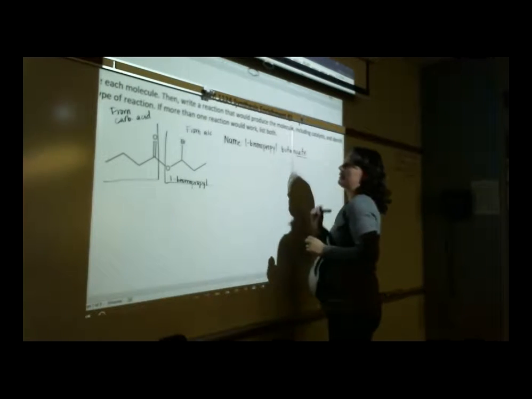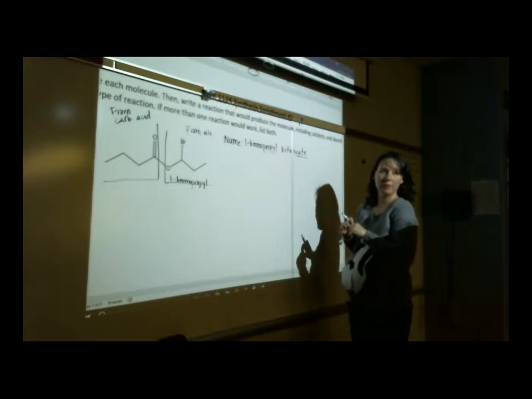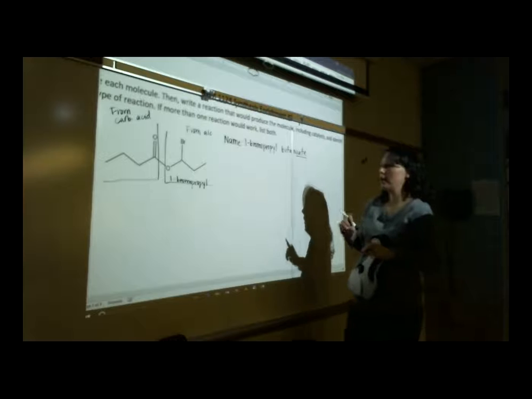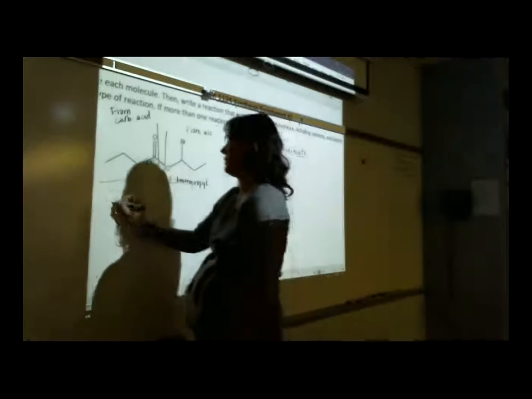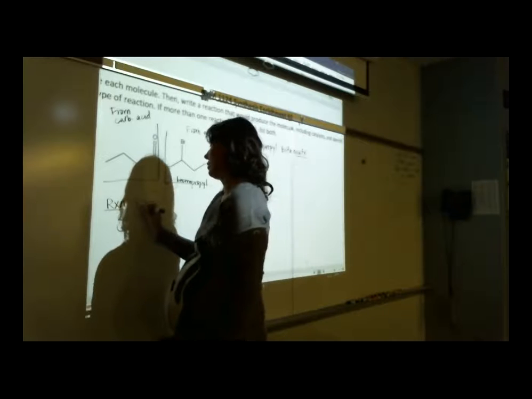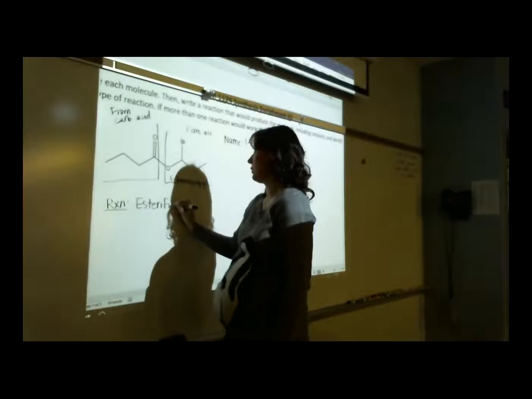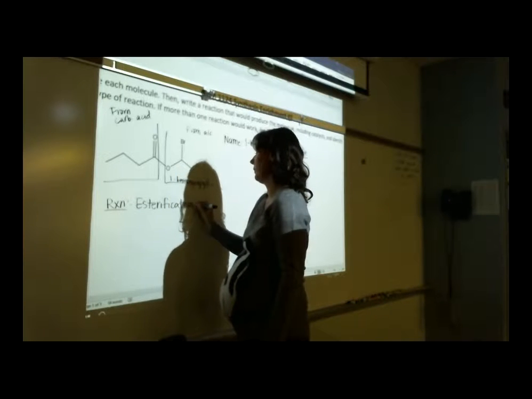The -oate suffix is for an ester. Does that make sense? And so the reaction that would produce this has what name? Esterification, right? Because that's a reaction that produces an ester.